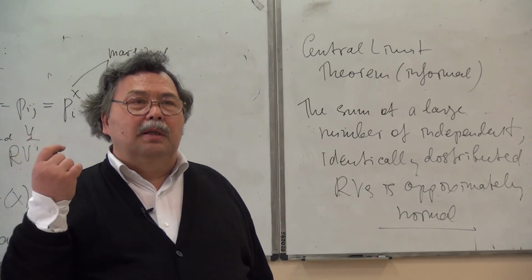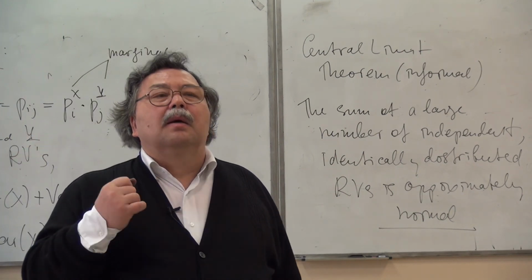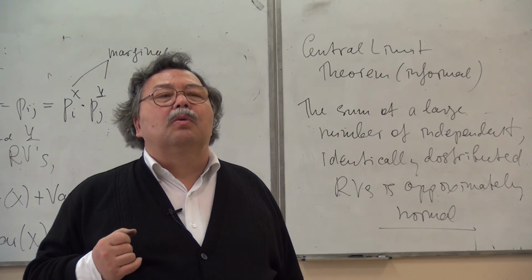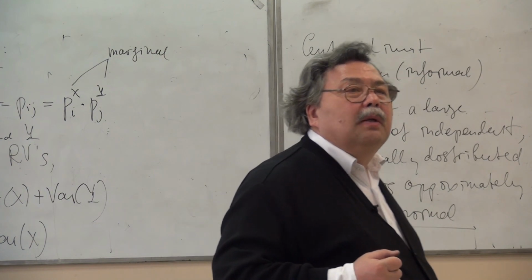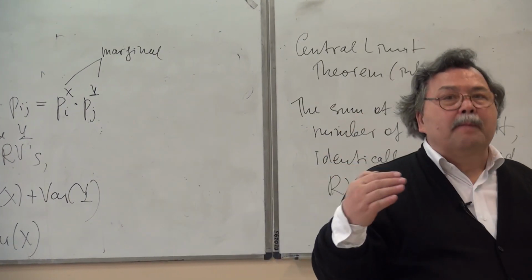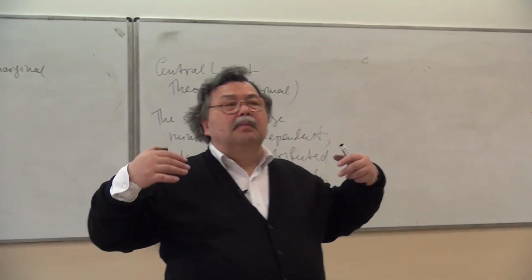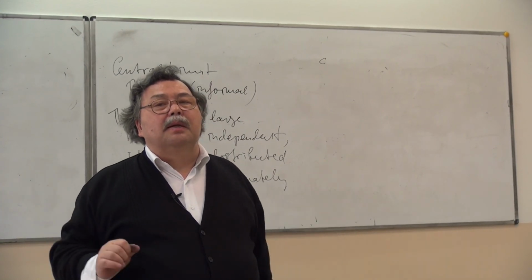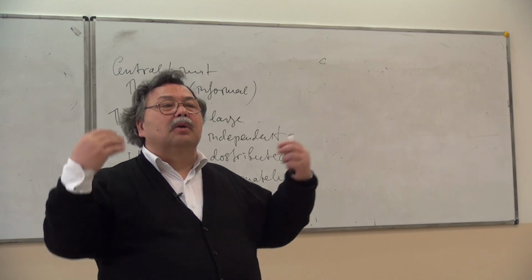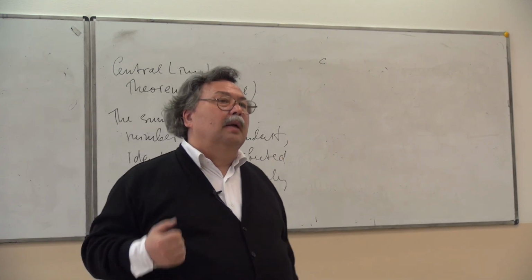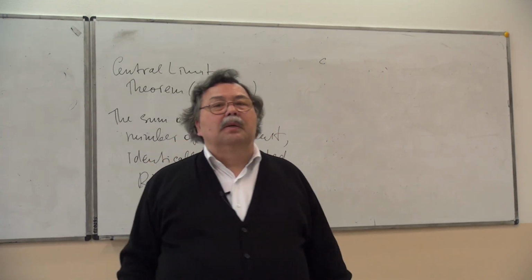Do you appreciate this? This explains why the normal distribution is so often encountered in nature. Because quite often what we observe is actually the sum of a great number of similar random variables. Whenever this is the case, we can expect to observe the normal distribution. And actually this is what happens in real life.